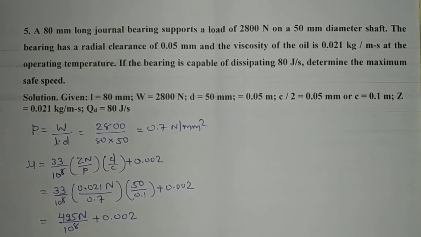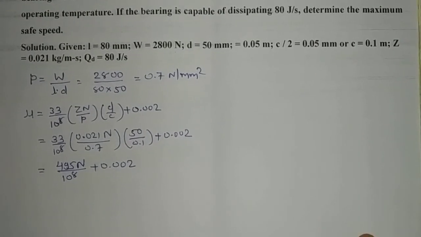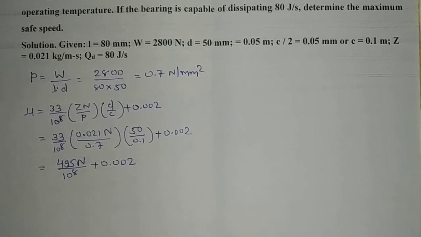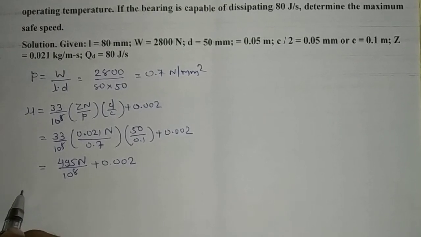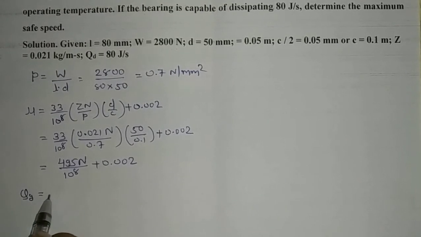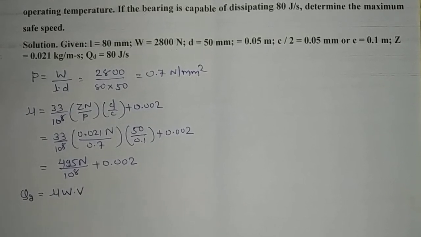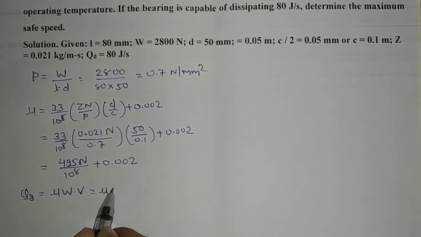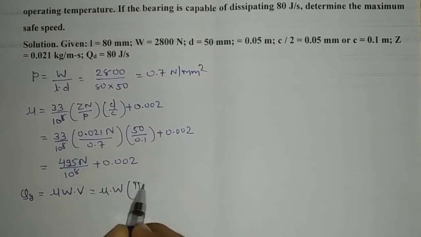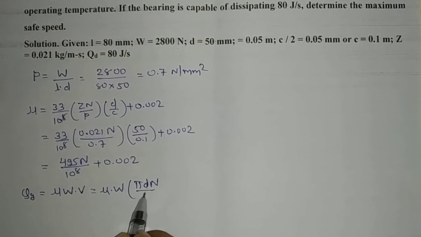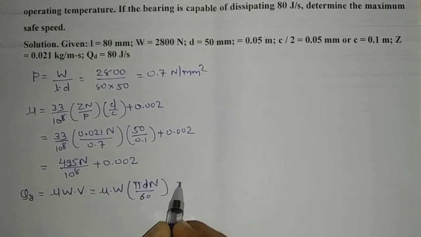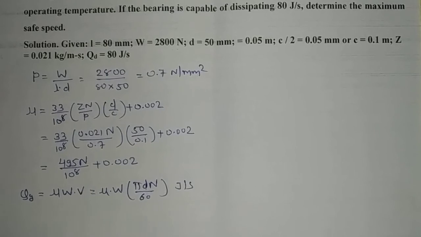Now let us find the value of heat generated. Qg is equal to mu W V, and V is equal to pi D N by 60 joule per second.